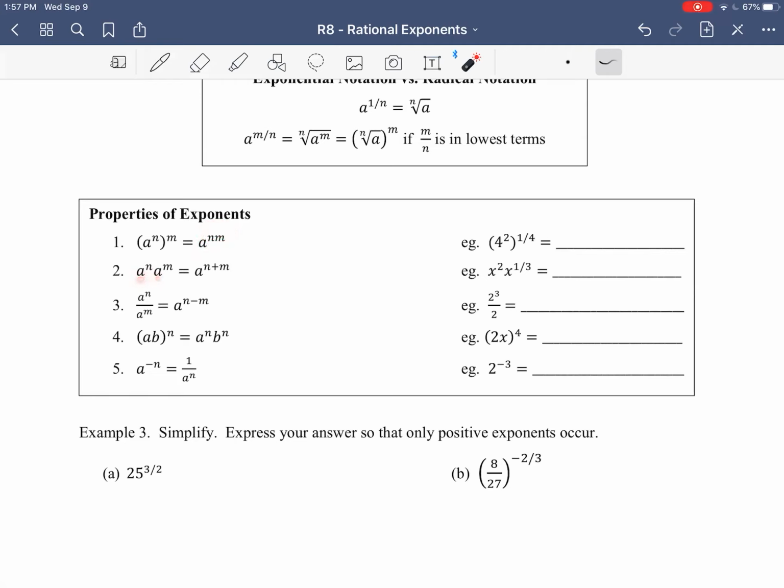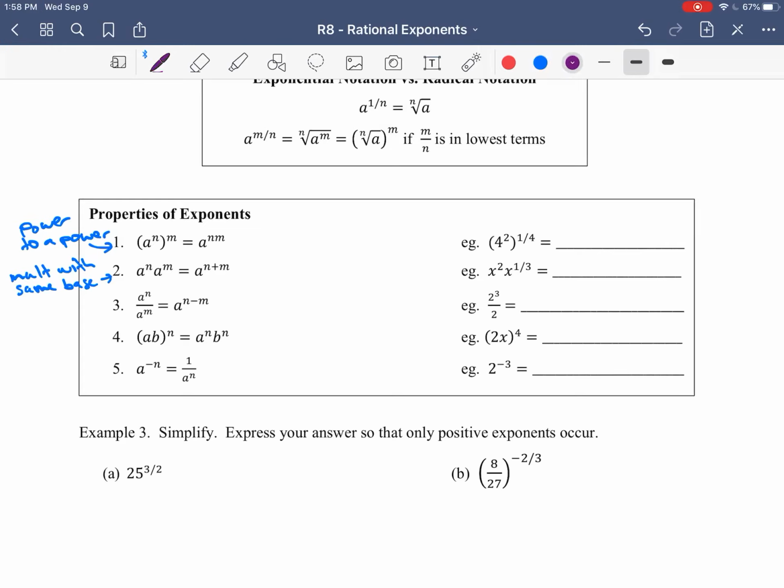If you have multiplication with the same base, you want to add the exponents. So this is power to a power, then you multiply. This is multiply with the same base, then you want to add.